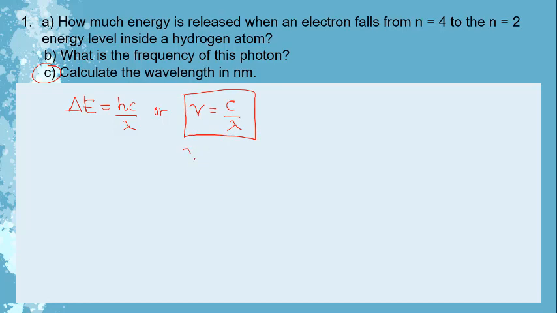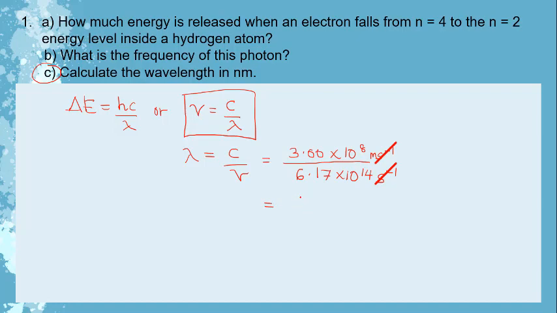We rearrange it to become lambda equal to c divided by nu, and substitute the values. c is the speed of light, which is 3 times 10 to the power of 8 meter per second, while nu equal to 6.17 times 10 to the power of 14 per second that we already calculated just now.